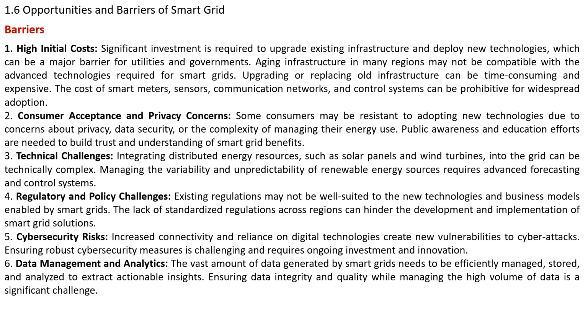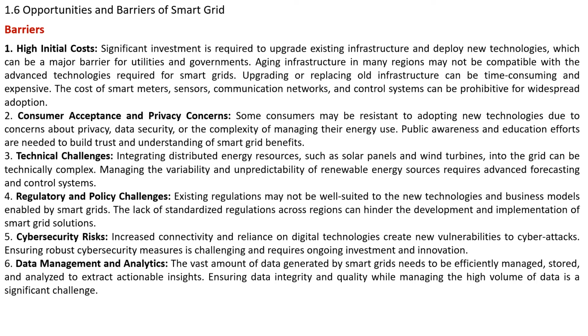Even though there are many opportunities in the smart grid, there are some barriers. The main barrier is that initially all these power grids have old metering infrastructures like electromechanical relays, and these should be replaced with advanced metering infrastructures like smart meters, sensors, and communication protocols, and this requires more cost.